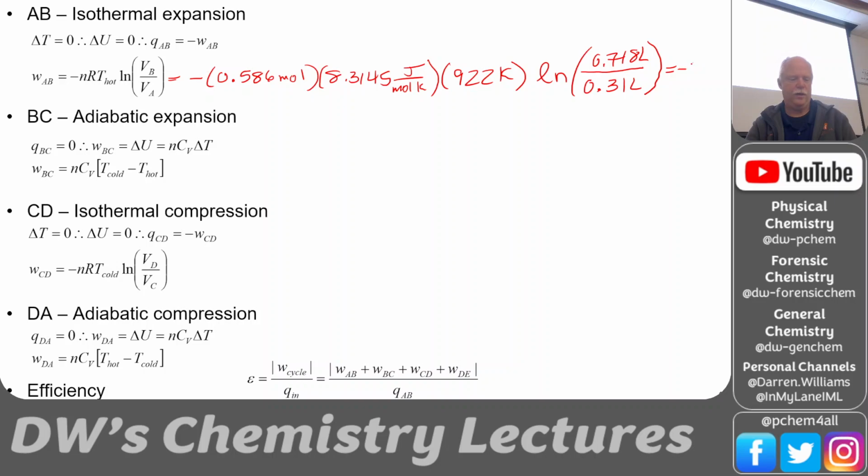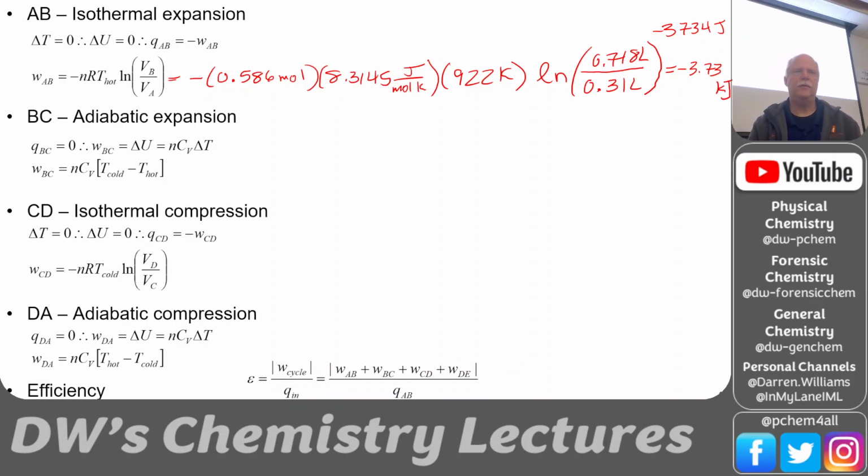Negative, let's go ahead and do kilojoules, negative 3.73 kilojoules. I got negative 3,734 joules.